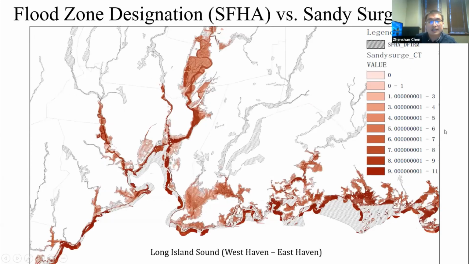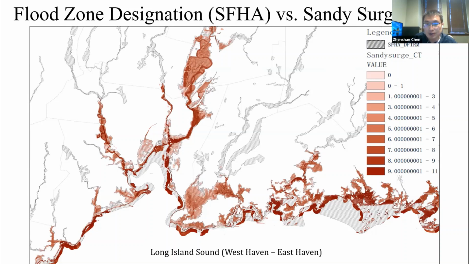As I just mentioned the NFIP program, I have to mention the flood zone designation that comes along with it. If your house is in the flood zone, you'll be subject to a set of flood zone specific regulations and also encouraged to purchase flood insurance. And here I'm comparing the flood zones with the Sandy surge data. Sandy surges are those areas that were inundated in Hurricane Sandy.